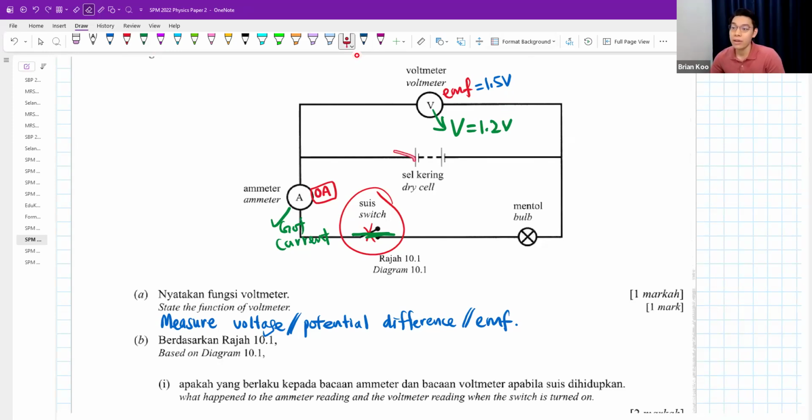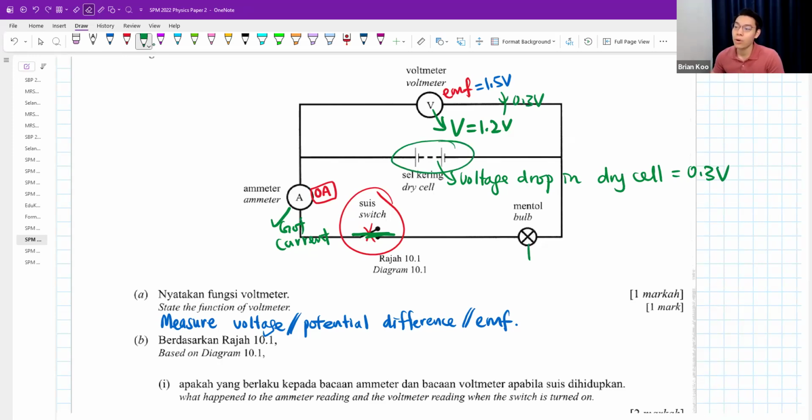Because when there is current flowing, some of the voltage will be taken by the battery, the dry cell. We say there is some voltage drop in the dry cell, exactly 0.3 volts. The battery took away 0.3 volts, so the bulb will only have 1.2 volts left. That is the value your voltmeter will give.